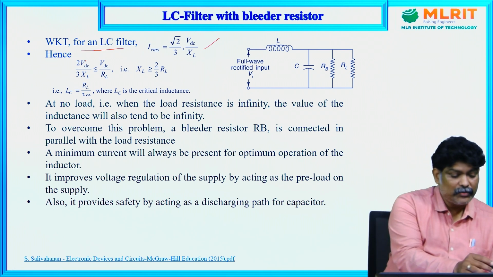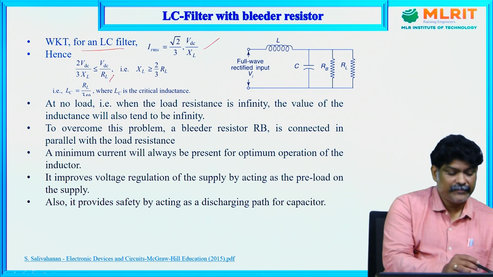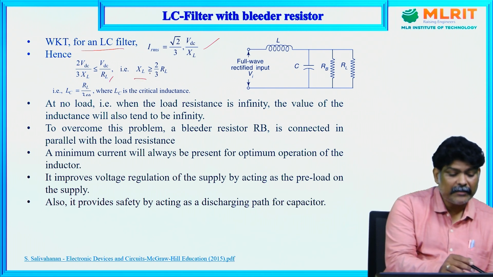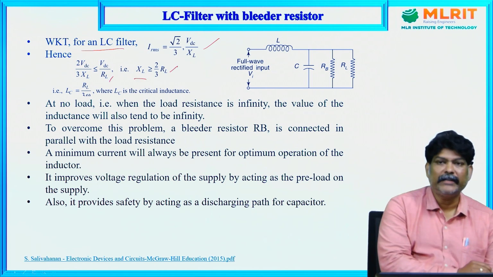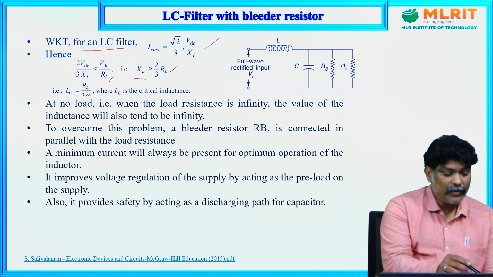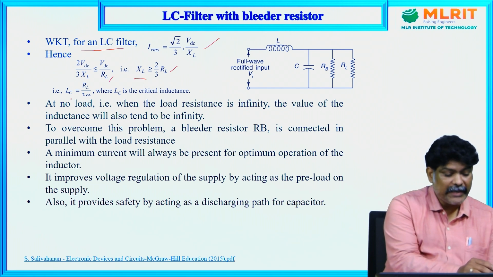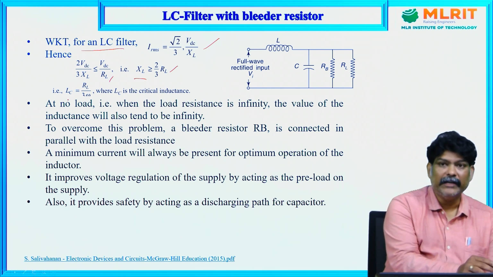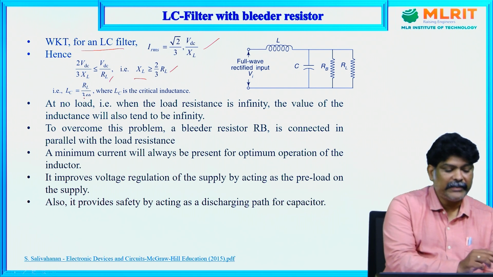Hence, 2 VDC by 3 XL is less than or equal to VDC by RL. That is, XL is greater than or equal to 2 RL by 3. That means the critical inductance value LC is RL by 3 omega.